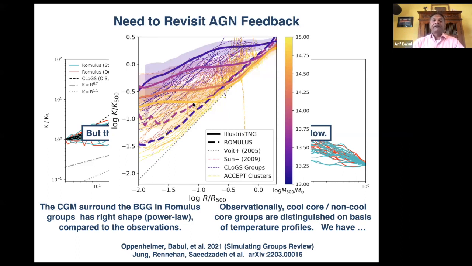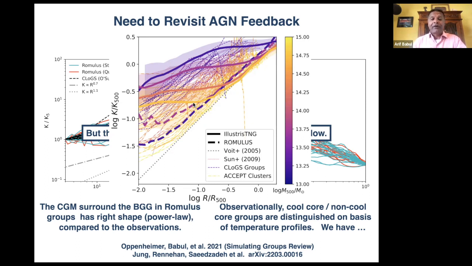All of this is suggesting that there is a critical need to go back and revisit AGN feedback and how it's being implemented. The other thing I should just mention very quickly is that for simulations that have metals in them, it doesn't matter how much metal you put in: if you have metals in some self-consistent fashion and allow for high temperature metal cooling, you find that the gas is overheated. The solid bold lines correspond to models that are representative of this type that allow for high temperature metal cooling.